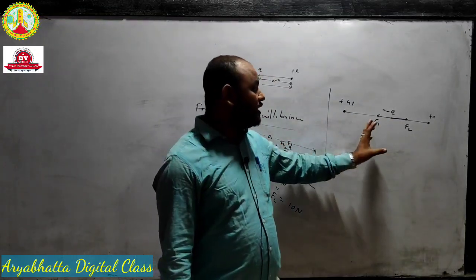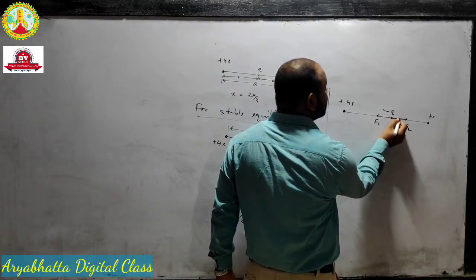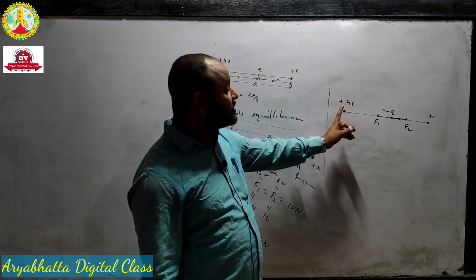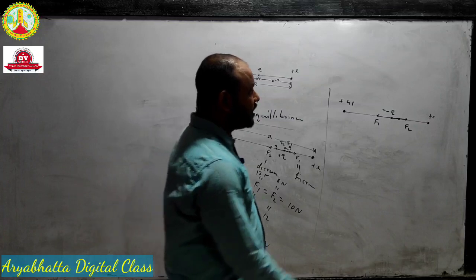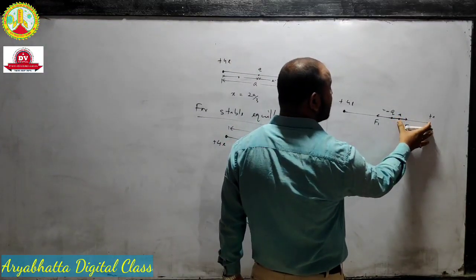But there is a problem: what if this point charge Q is slightly displaced towards the right? If the negative charge is slightly displaced towards the right, the distance between this negative charge and this positive charge decreases.